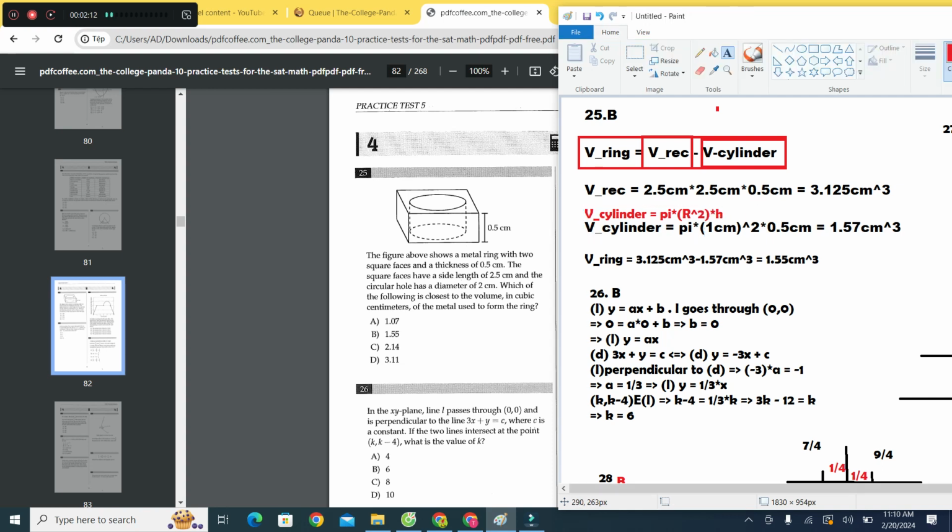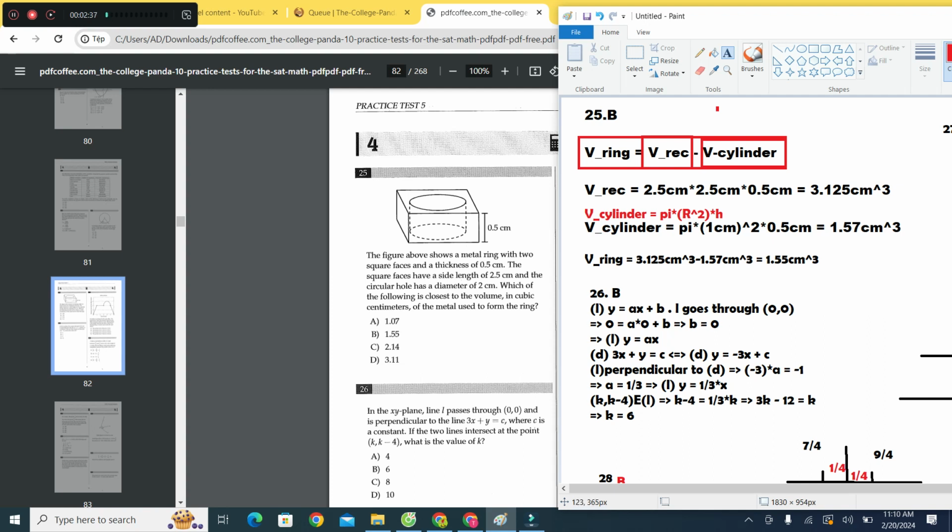Here r is actually 1 because the diameter is 2, so r is equal to 1. The height here is 0.5 centimeter, which is the height of the figure. So we can say pi times 1 centimeter squared times 0.5 centimeter, which is equal to 1.57 centimeter cube.